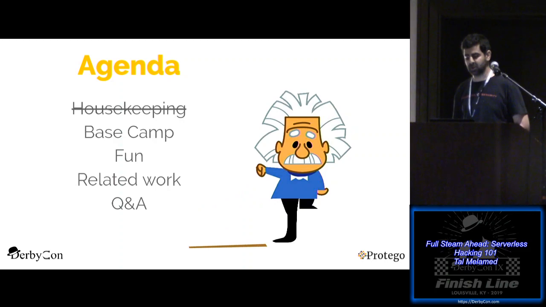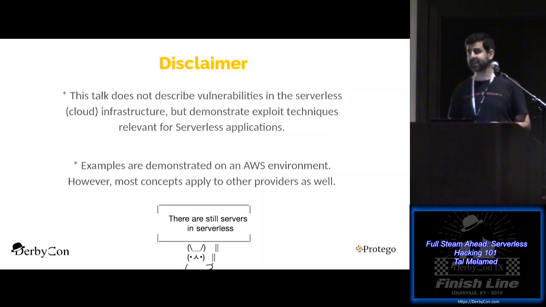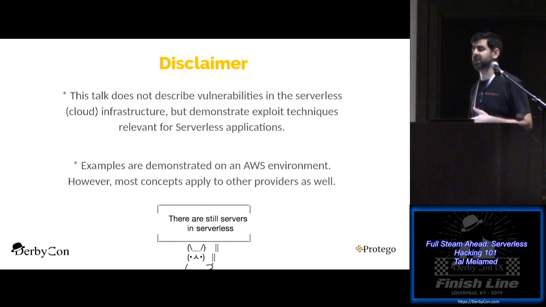Okay, so just a disclaimer before we start. In this presentation, I'm not going to tell you or show you vulnerabilities inside the infrastructure. Actually, serverless would probably make your application the most secure and up to date that's possible.